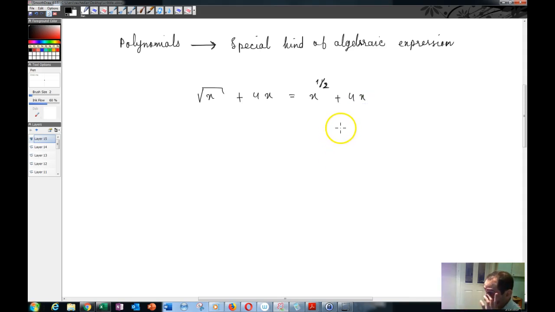Now you see that the exponent of x over here is 1, and the exponent of x over here is 1/2. And 1/2 is not a whole number. Here it's a whole number, here it's not a whole number. So this kind of algebraic expression is not a polynomial.